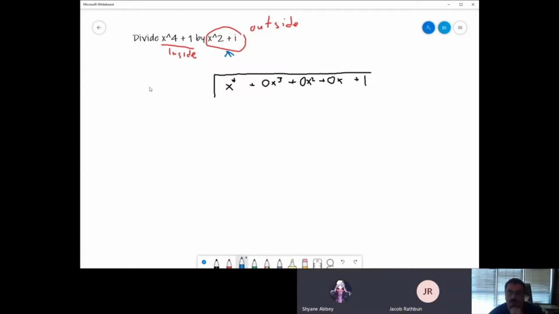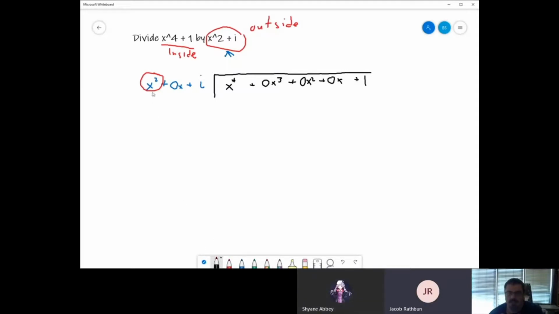So out here it's going to be x squared plus 0 x's plus our constant, which is i. And again, it doesn't matter what's going on. This stuff here doesn't matter, 0x and i doesn't matter. We're only dividing by that.